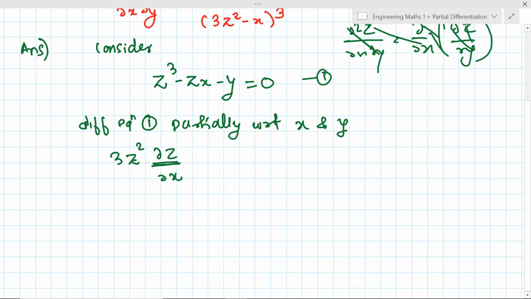First we are differentiating partially with respect to x, minus, here the u into v rule. x as it is, derivative of z is ∂z/∂x, plus z as it is, derivative of x is 1, minus derivative of y is 0 with respect to x.